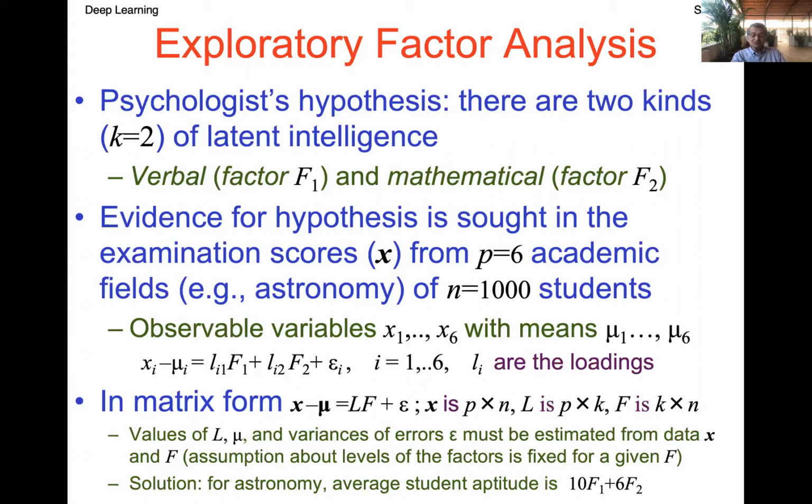This is again the kind of thing where we are reducing from a 6-dimensional space to a 2-dimensional space, saying that there is an explanation given, which is the kind of thing we want to do in deep learning. We are trying to find underlying factors to this data.